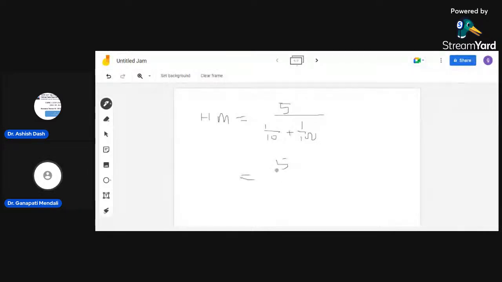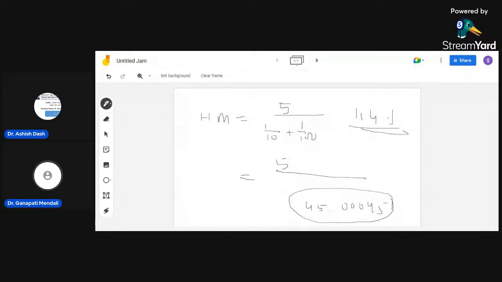Ultimately the answer is 45.00045. That is there in your study material, example 1.4.1. You can refer to it. Once you understand how to calculate the harmonic mean, it is not at all difficult.